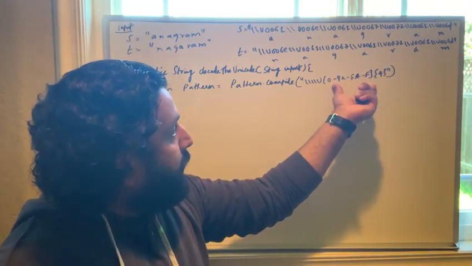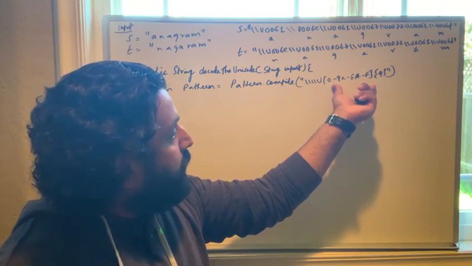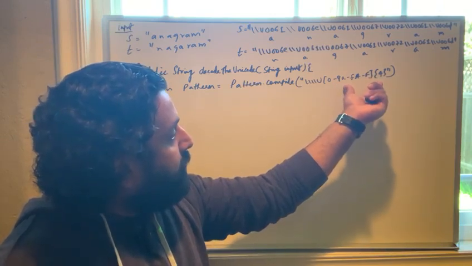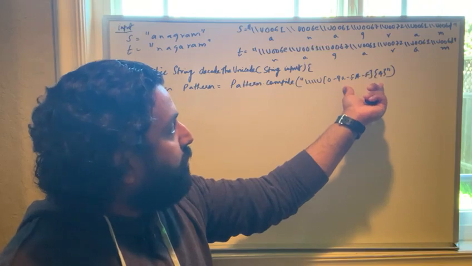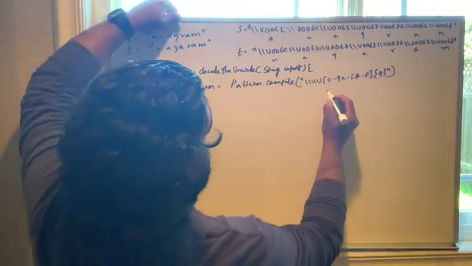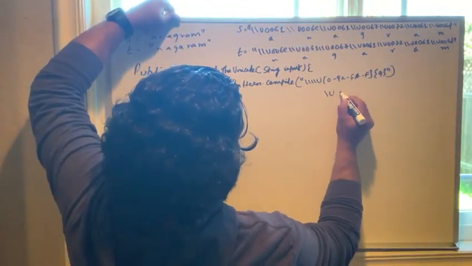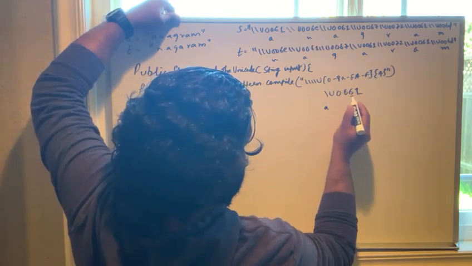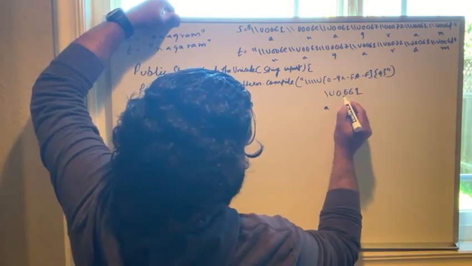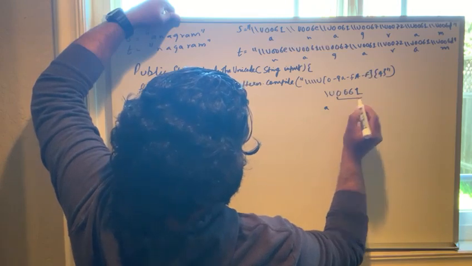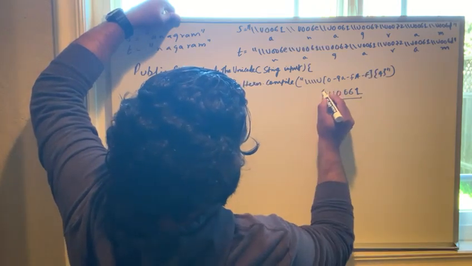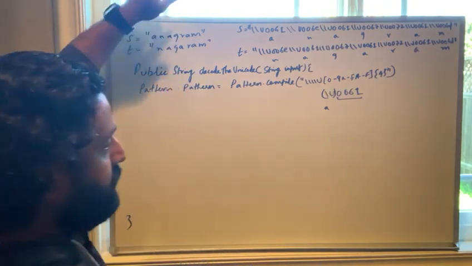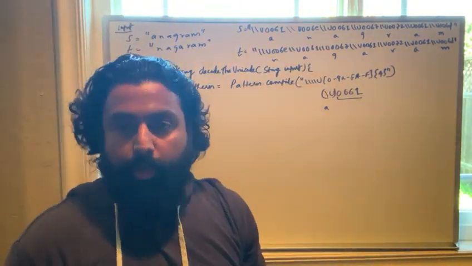Sorry, the hexadecimal part is going to be length of 4. So for example, you can see \u0061, this is lowercase a in Unicode. So 0061 is the hexadecimal, and \u says it is the Unicode format.